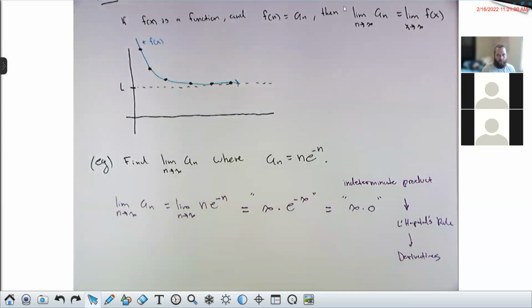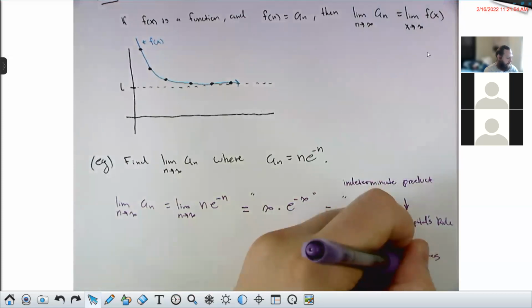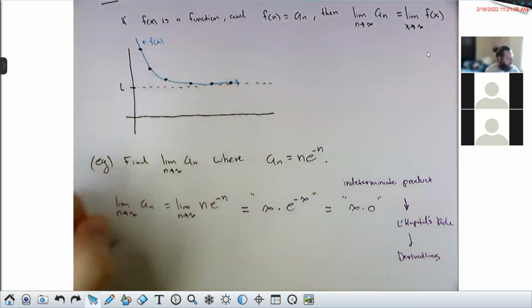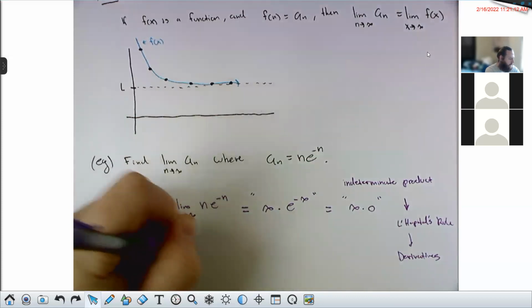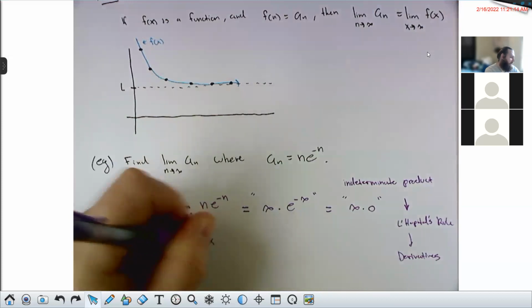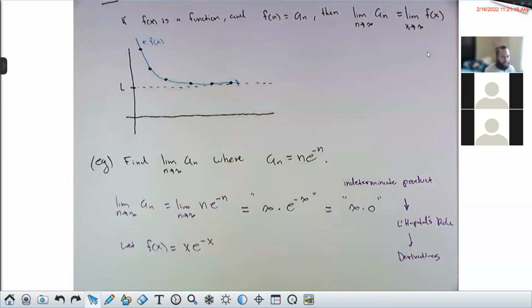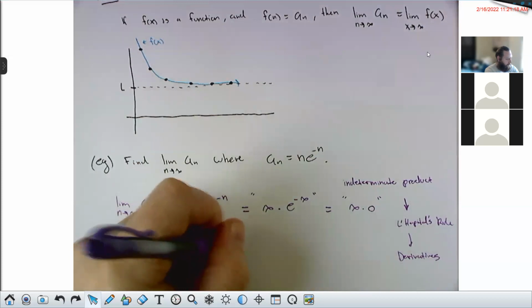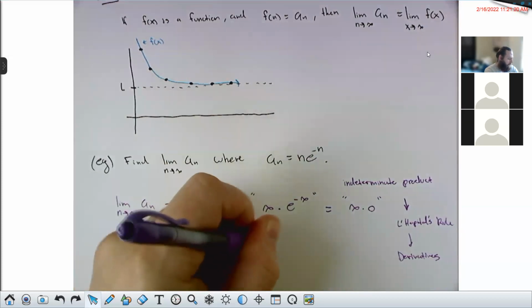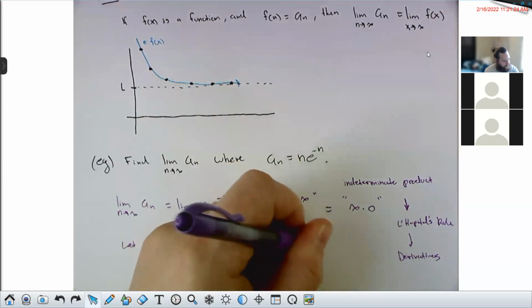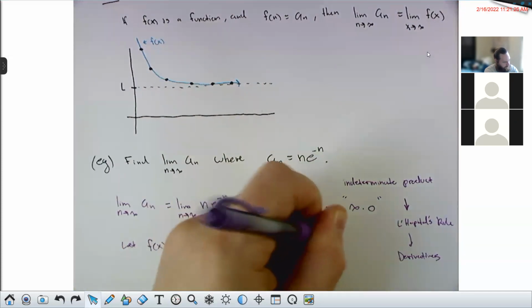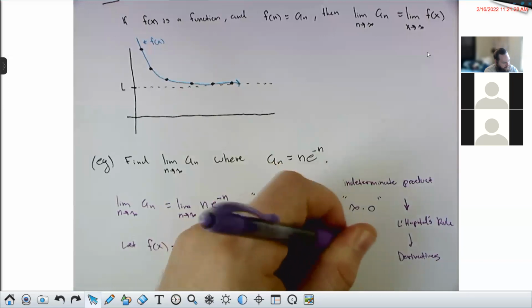So instead, we use our theorem here. What we're going to do is let f of x be the function x e to the negative x, and observe that f of n would be n e to the negative n, which is a_n.